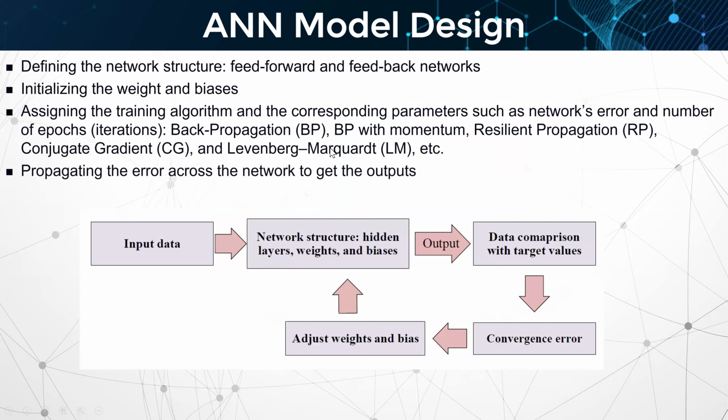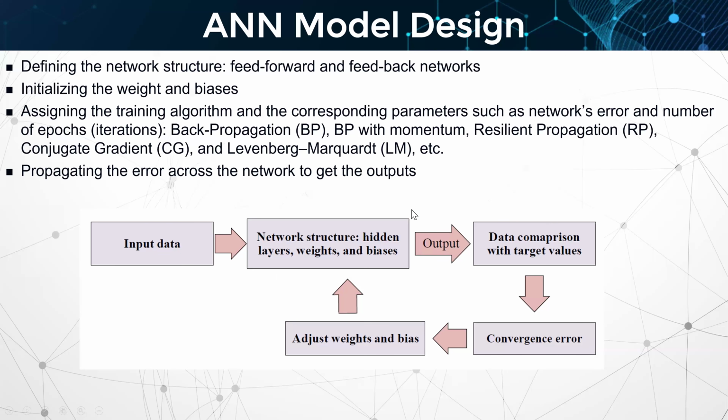In designing a neural network model, you have to define the network structure in terms of feed forward or feedback neural network. Based on this type, we have different structures. Initialize weights and biases for the network, and then assign the training algorithm. We have different training algorithms like back propagation, conjugate gradient, Levenberg Marquardt, and so on.